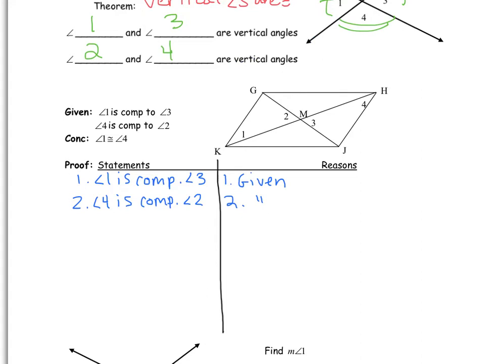This time, we can see that angle 2 and angle 3 are vertical angles. In our proof, we don't need to say that they are vertical angles, we're just going to say the result. Angle 2 is congruent to angle 3, that's the statement. The reason is vertical angles are congruent.